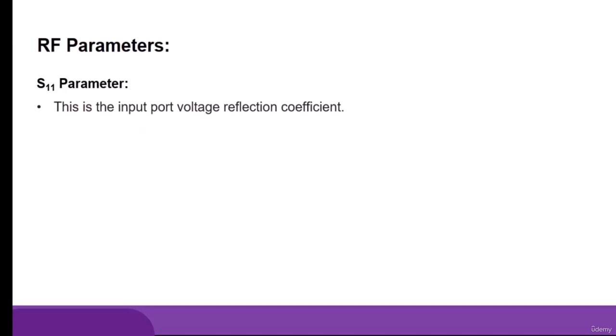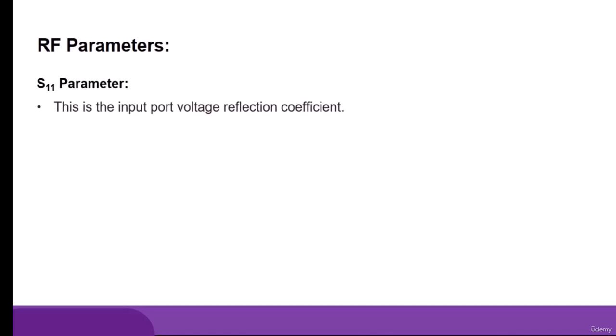As mentioned earlier, S11 and S22 represent the reflection coefficients. Therefore, S11 serves as the voltage reflection coefficient, which is the most commonly referenced and utilized parameter concerning antennas. S11 is also known as return loss, indicating the amount of power reflected from the antenna, and is sometimes denoted as gamma or return loss.